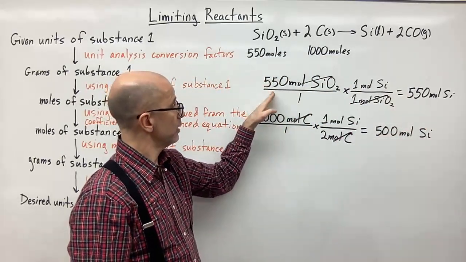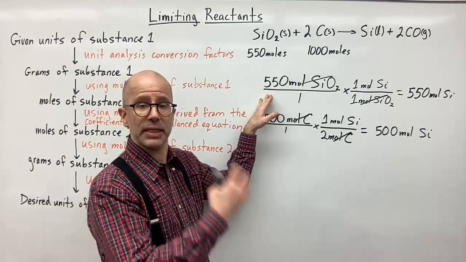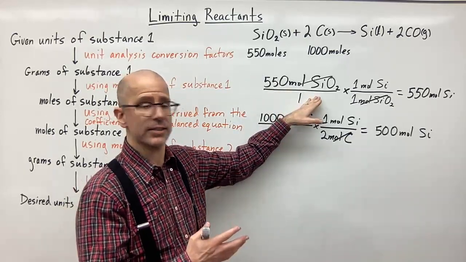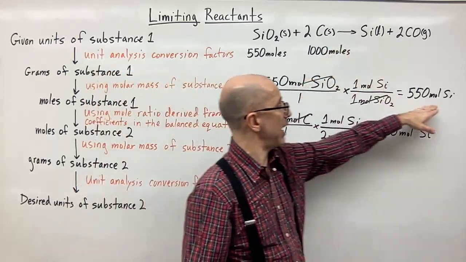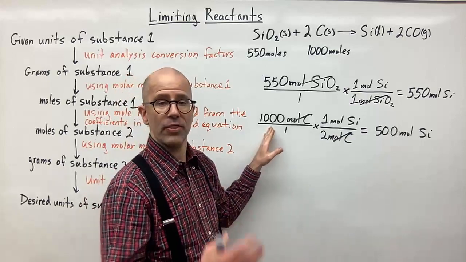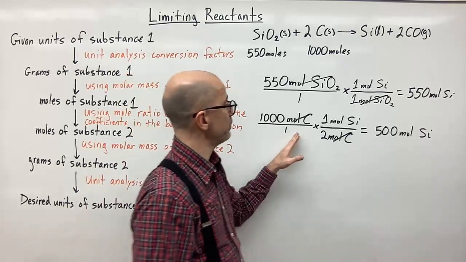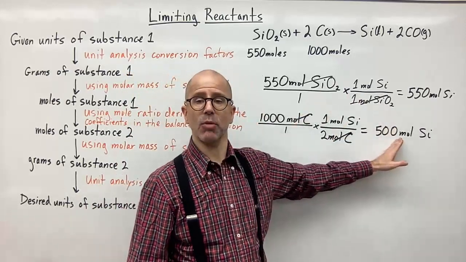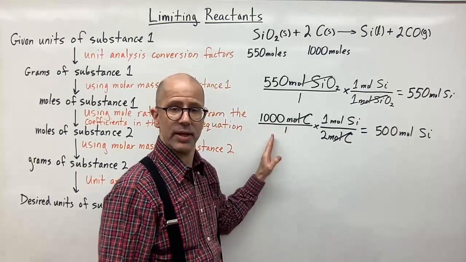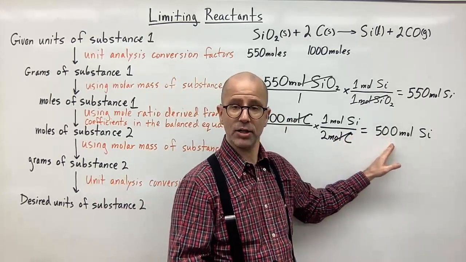Now, what do I have here? Basically, if 550 moles of SiO2 were to completely react to give me Si, I would get 550 moles of Si. If all 1,000 moles of carbon were to completely react to give me Si, I would get 500 moles of Si. The amount of carbon that they gave me can only give me 500 moles of Si.